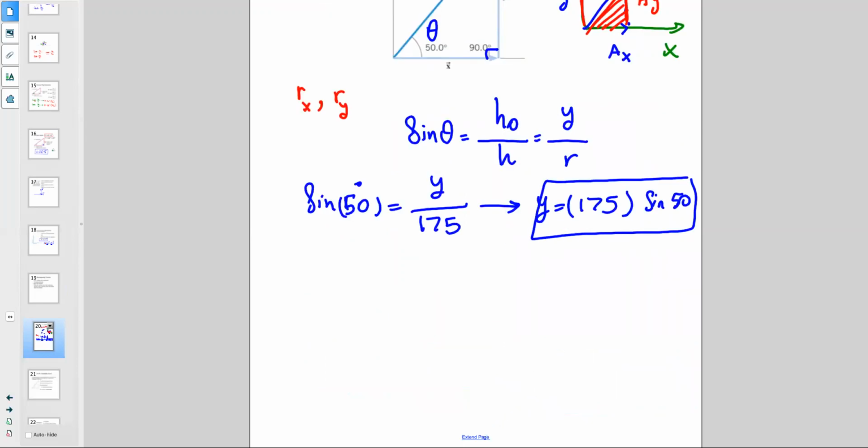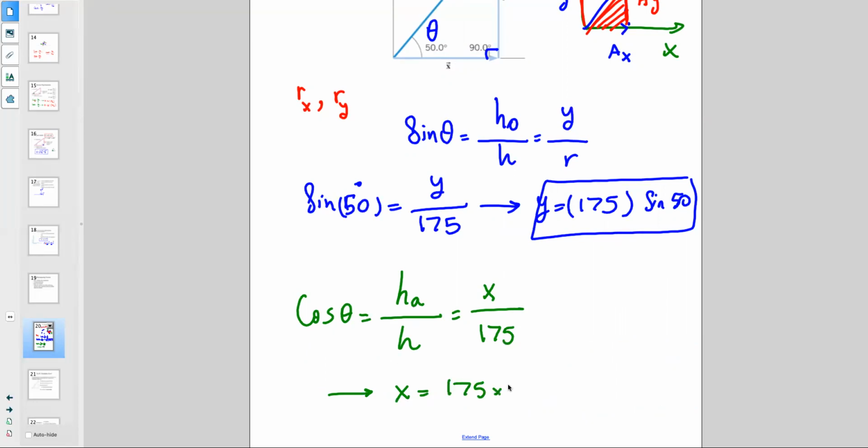You can find the x just by using cosine. Cosine of theta is adjacent over hypotenuse. The adjacent is just x right there, and the hypotenuse is 175, right? So x therefore is 175 times cosine of 50.